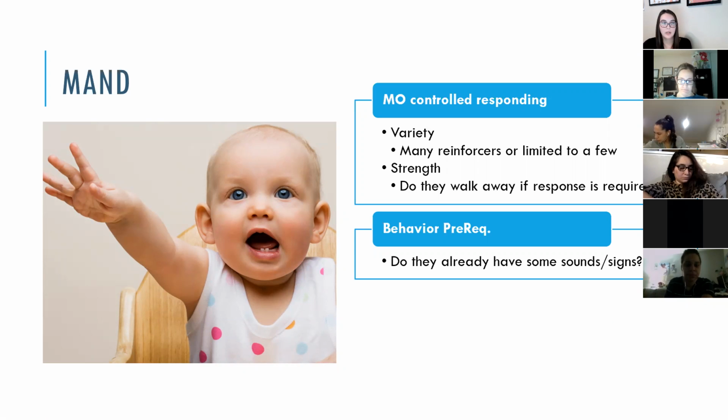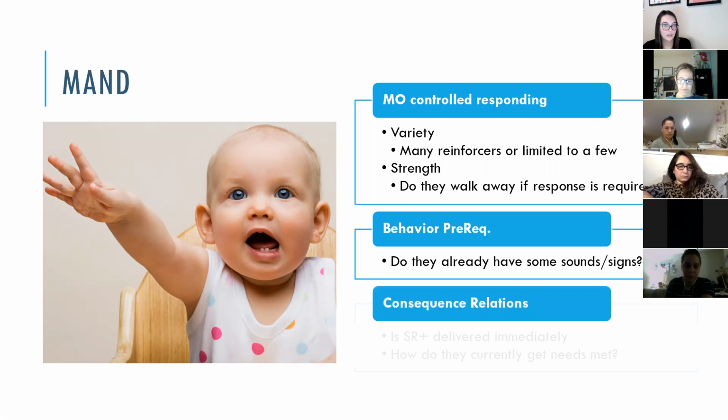So you want to ask that to kind of see what do they currently do in order to get their needs met. So I've worked with clients who don't have any vocalizations, they don't make any sounds, and they don't imitate any motion yet. So you kind of have to work on that first before you can really work on that mand training. You can work on it at the same time, but it's going to be a little bit more of a struggle.